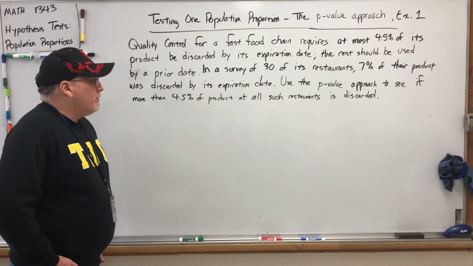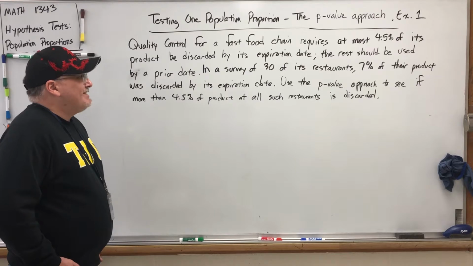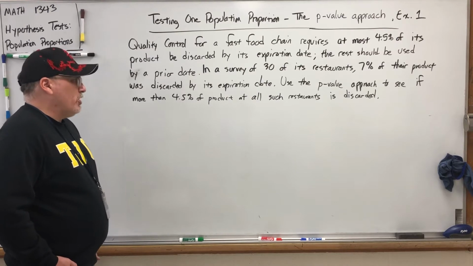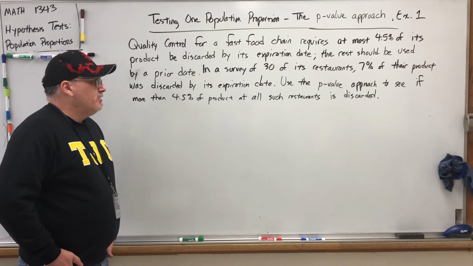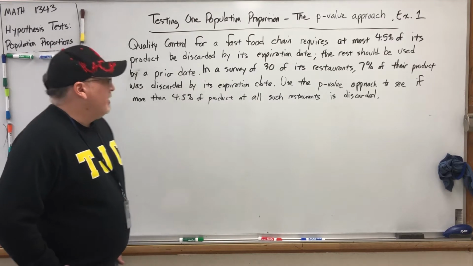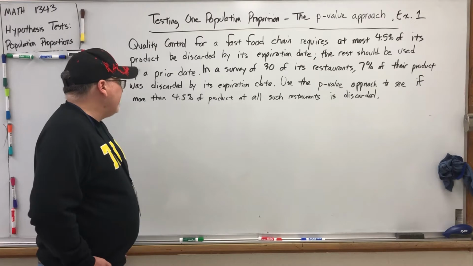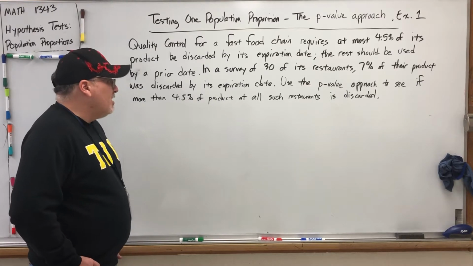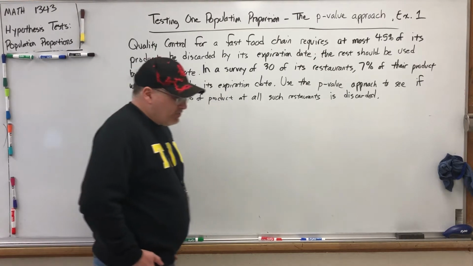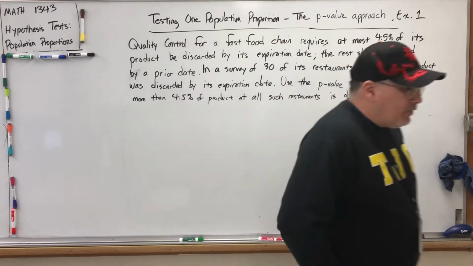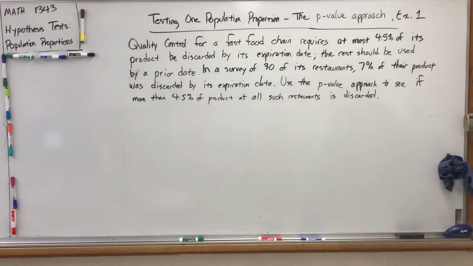In a survey of 30 of its restaurants, 7% of their product was discarded by its expiration date, which exceeds what quality control allows. Use the p-value approach to see if more than 4.5% of product at all such restaurants is discarded. In other words, is our sample proportion of 7% strong enough evidence to suggest that all of our restaurants are exceeding the 4.5% requirement?